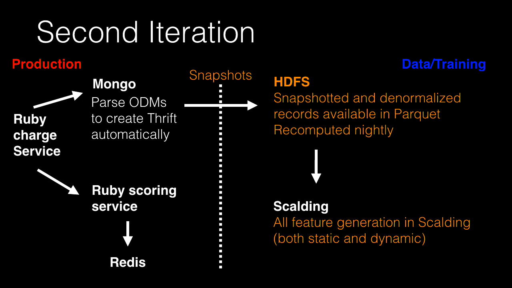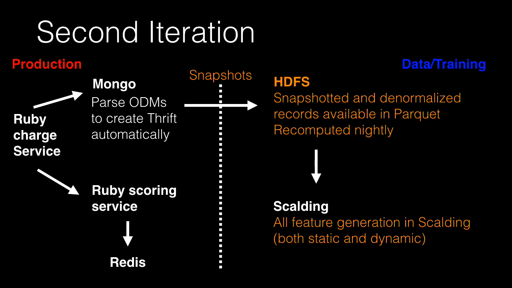So essentially, every night, we replicated the entire production Mongo database into Parquet, and then we had all of Stripe's history living there in HDFS. And then we said, OK, now that we have Parquet, we can write both our static features and our aggregate features in scalding. So this has the benefit that now there was one canonical place to produce features for training. We had a bunch of scalding jobs.